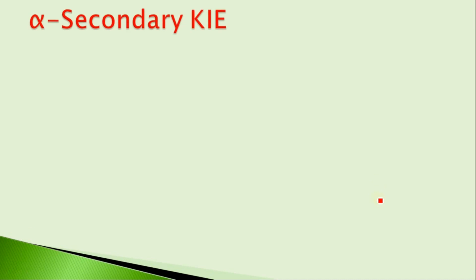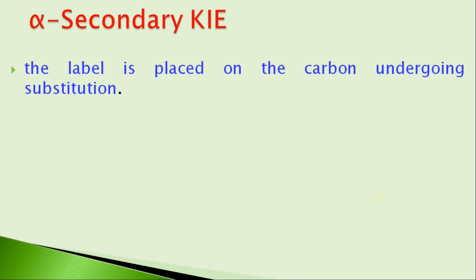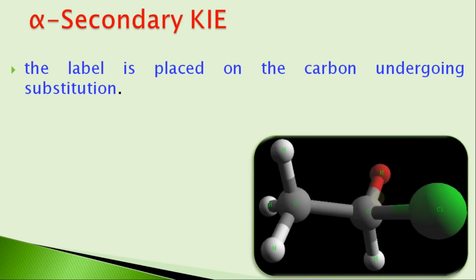In our previous lectures, we had discussed the alpha secondary KIE in detail. Alpha secondary KIE can be defined as KIE observed when the label is placed on the carbon undergoing substitution. Again, here is the molecule where C-Cl bond is undergoing cleavage.